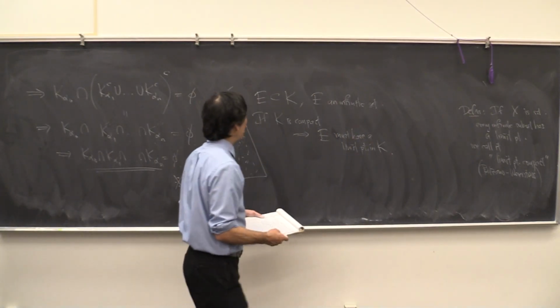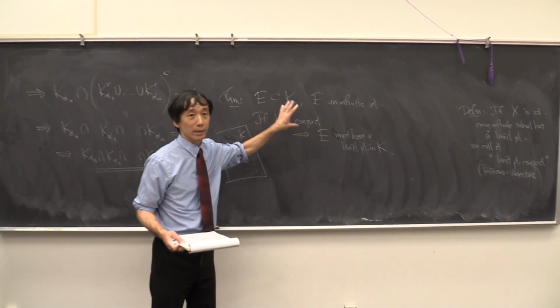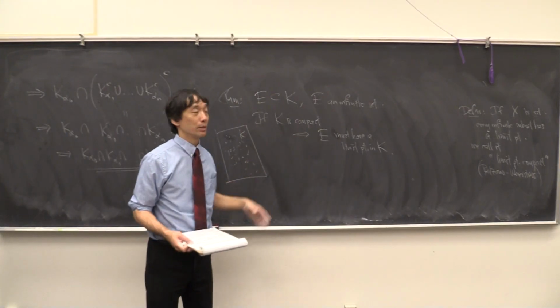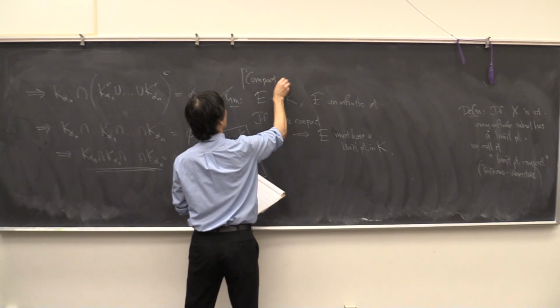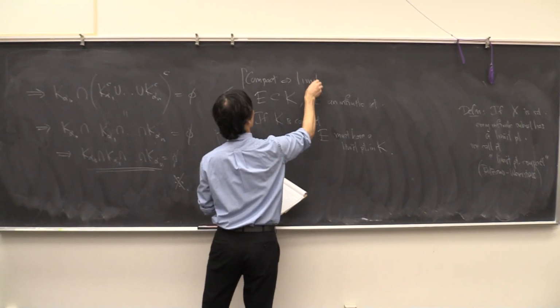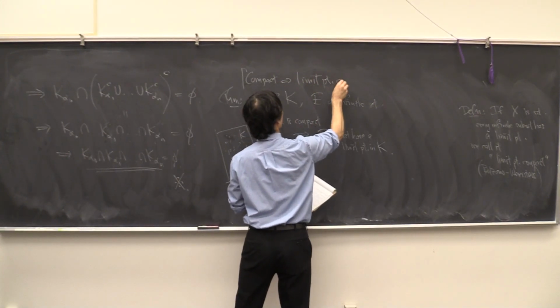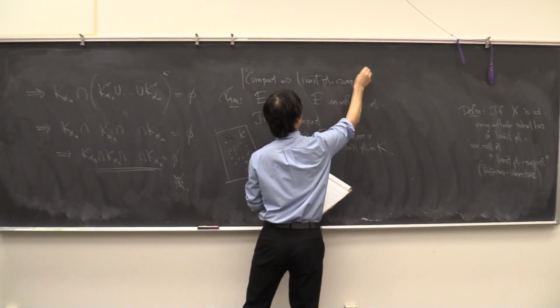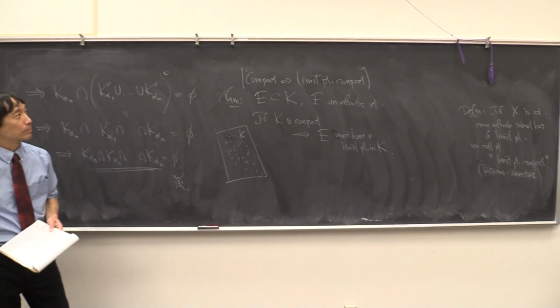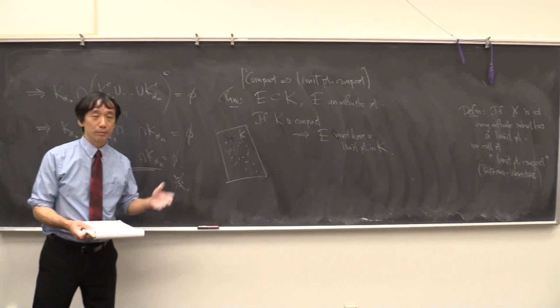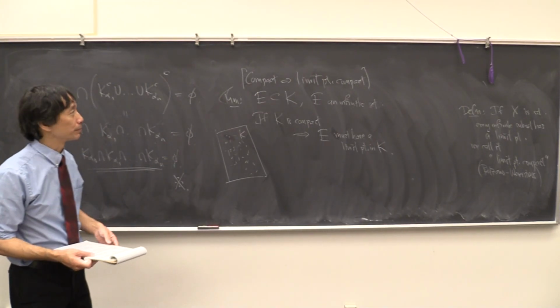So what we're showing here is that compact implies limit point compact. And later we'll see that the opposite is also true.